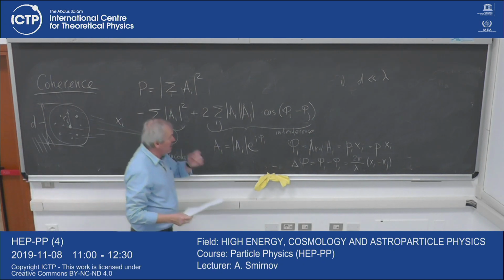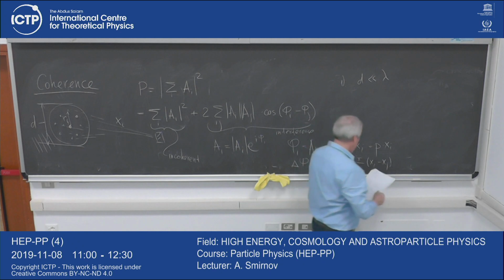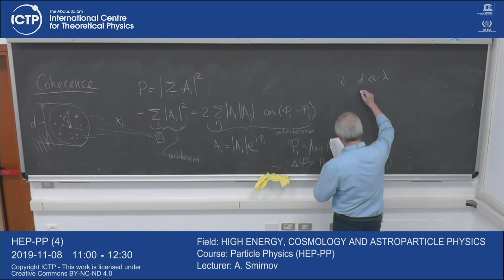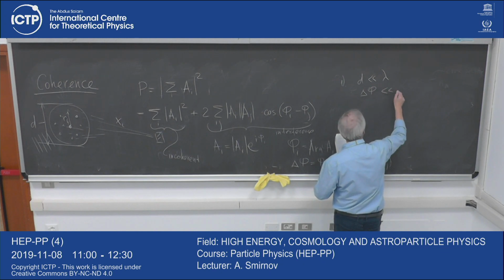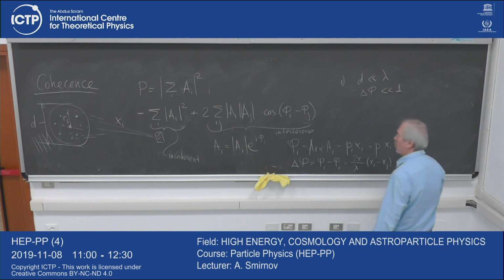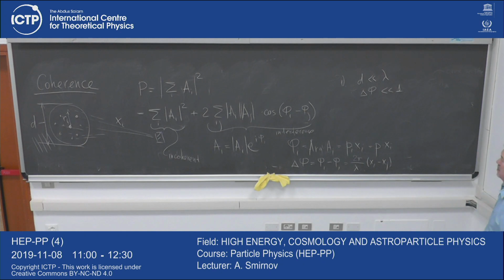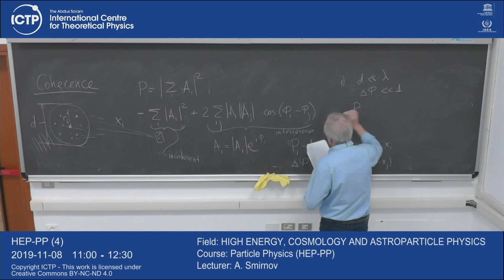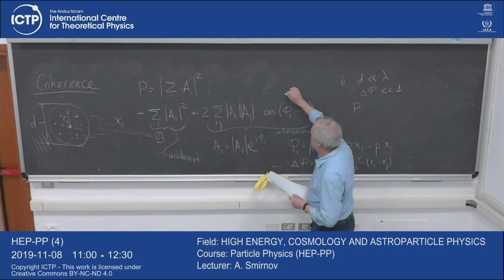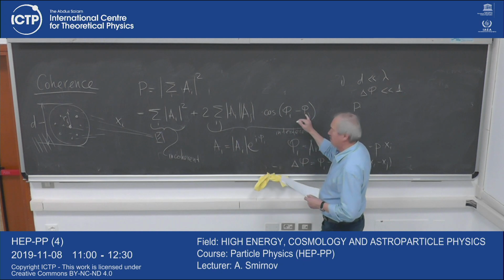When d is much smaller than lambda, then the difference of the phases is much smaller than 1. So in this case, these cosines are just 1, right? Because the difference of the phases is very small.